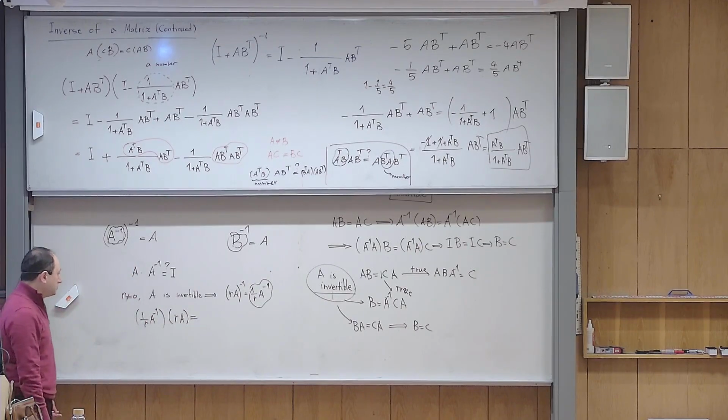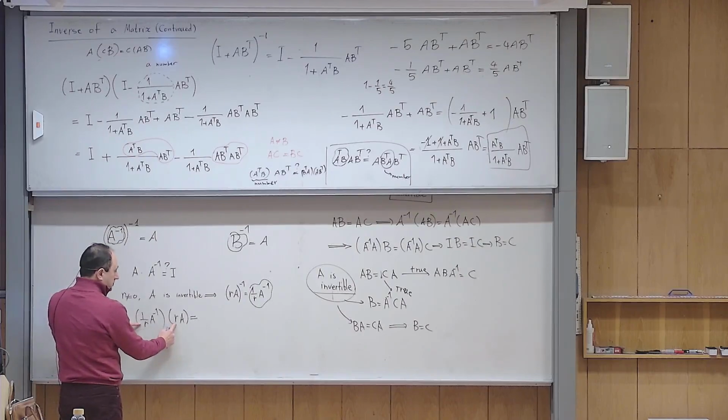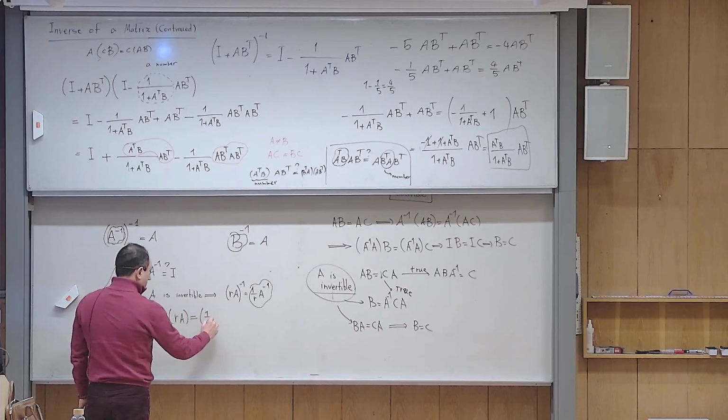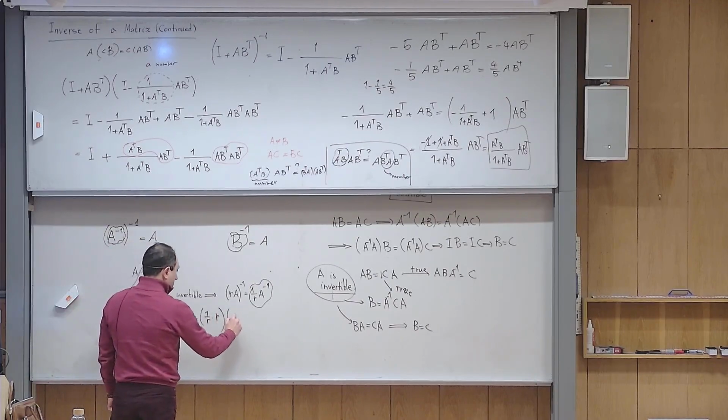Okay, but I am allowed to use the matrix algebra. 1 over R is a number, and we know that numbers can float around. So I take them together, it's 1 over R times R, and then I put the matrices together.